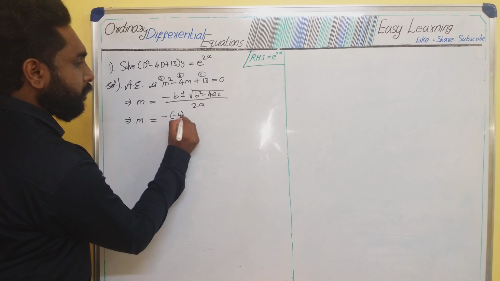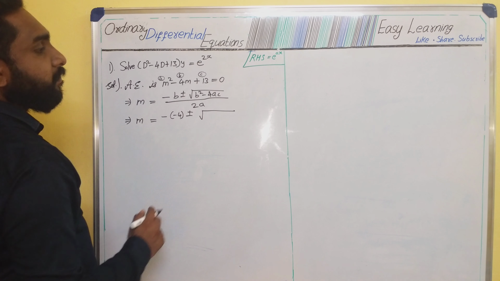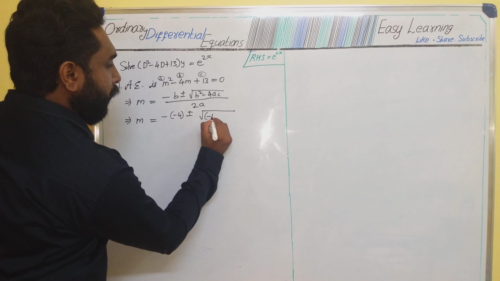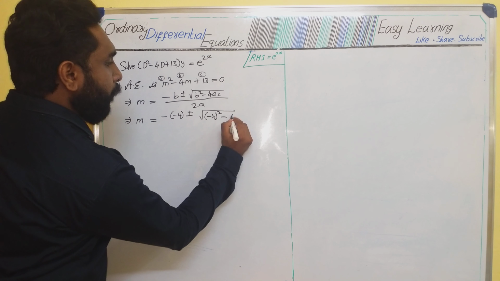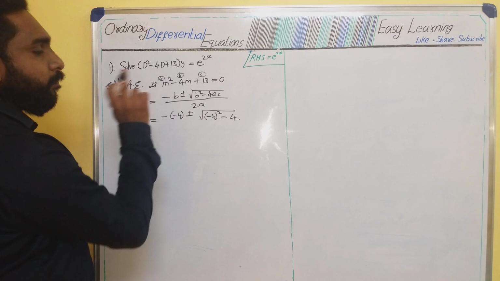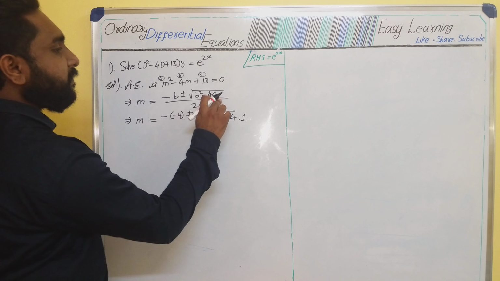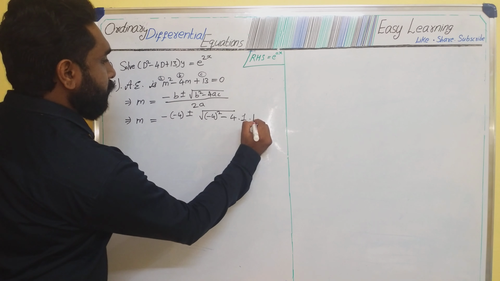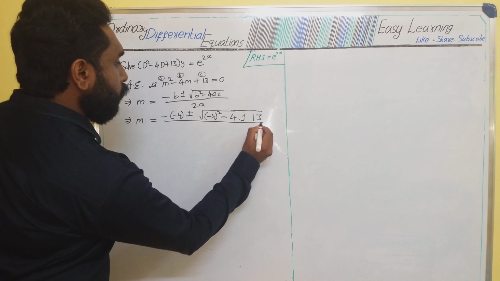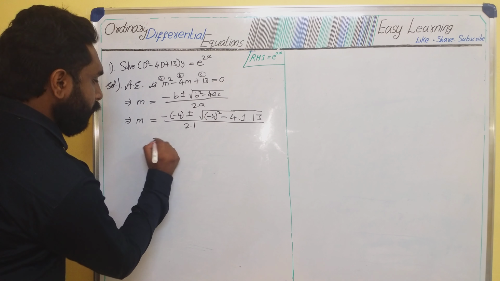So minus 4 plus or minus square root of b square, again b is minus 4, so minus 4 whole square, minus 4 into a. What is the value of a? It's 1. There is no value, that means we have to take 1. 4 into 1 into c. What is the value of c? It's 13. So substituting c, that is 13, by 2a, 2 into again 1.